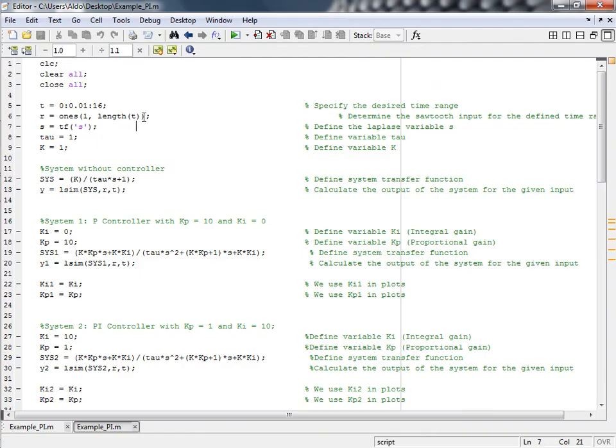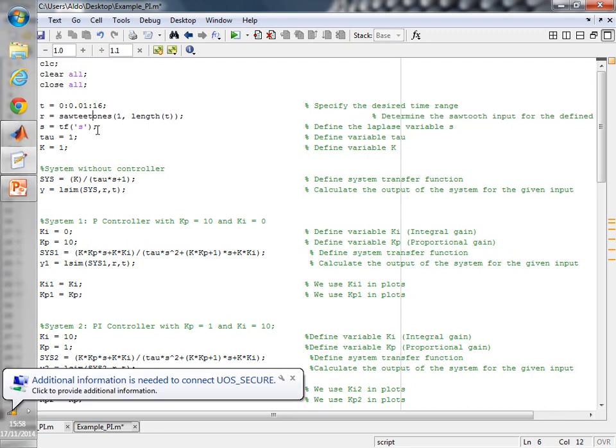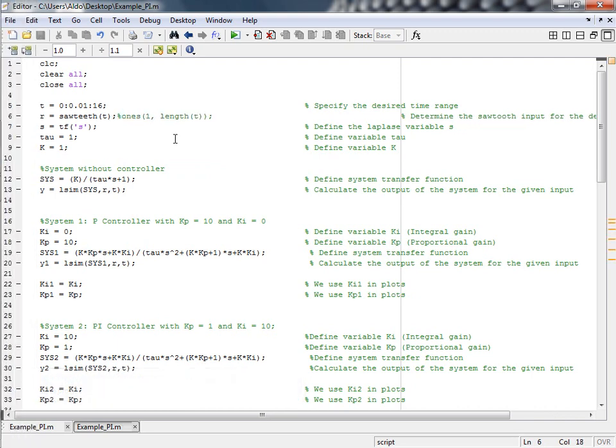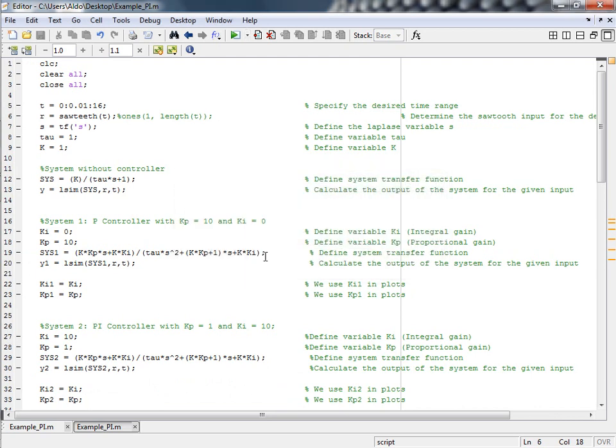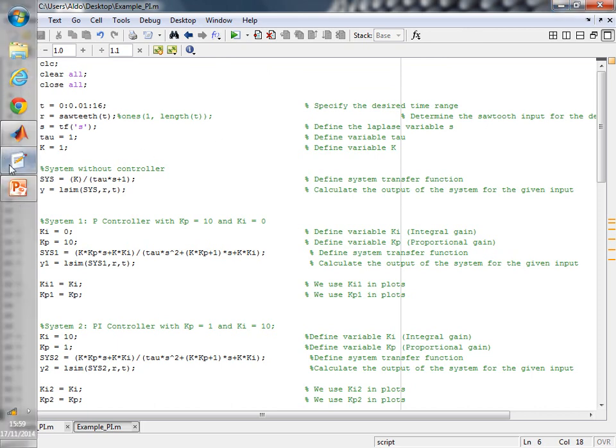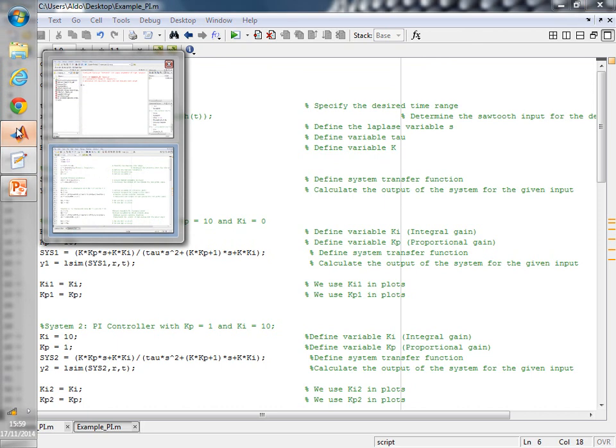Okay, now for example, let's see what happened to the response of the system if I have, for example, a sawtooth input. I use CL now. A combination of the ramp input and... what happened?